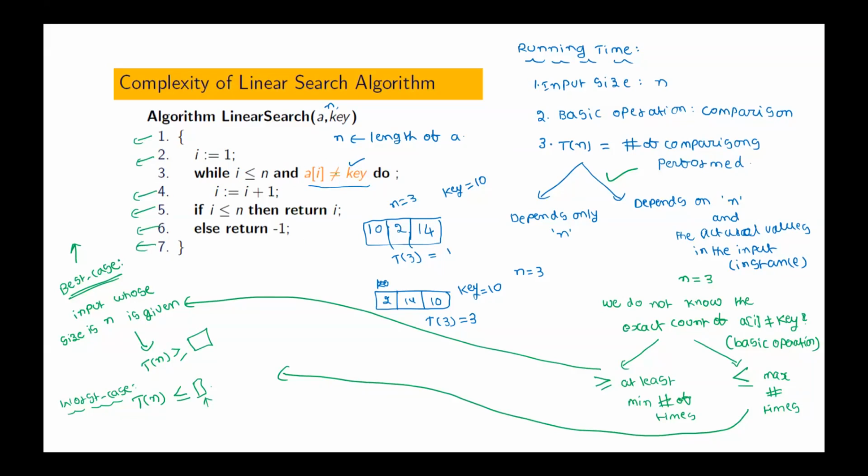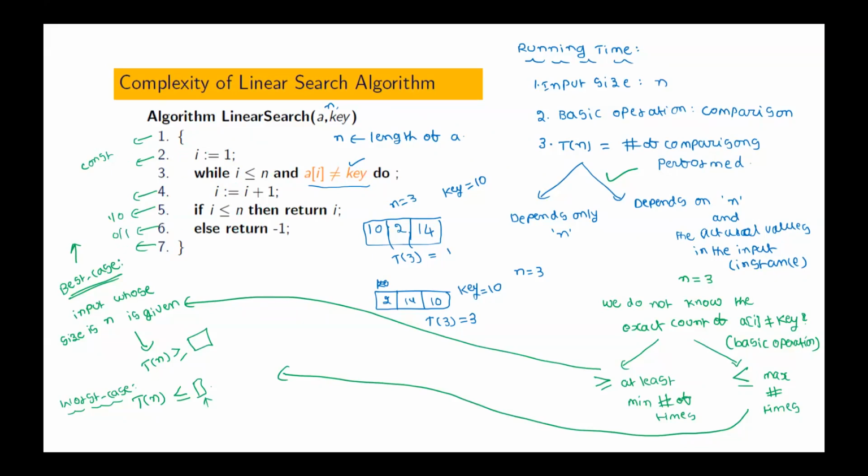Because when we go for minimum and maximum calculation, when we go for minimum calculation, the amount of work we do in other steps may sometimes be more. That's why it is better to calculate the amount of work done in other steps also. All these are anyhow a constant amount of work, performed only one time. Here also it is either 1 or 0 times. If the fifth step is performed 1 time, the sixth step is 0 times.